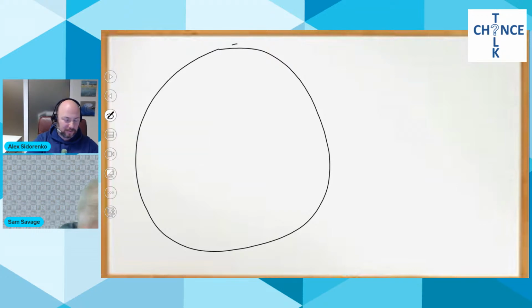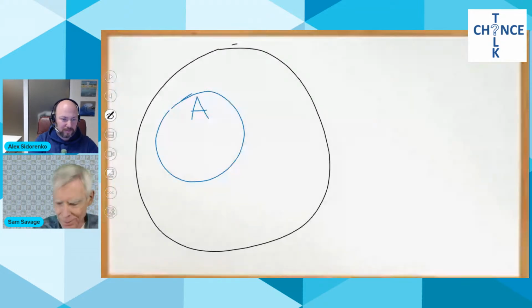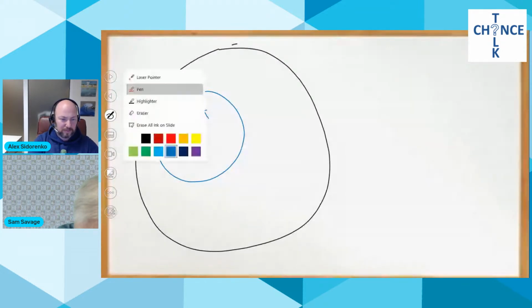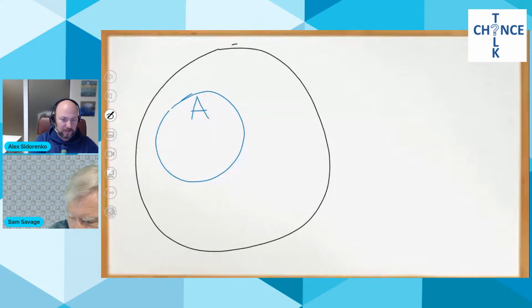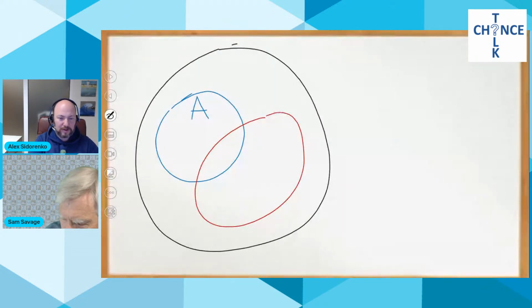So here's a blue region that I'm calling A. And here's a red region I'm calling B. And Bayesian analysis is about the following thing, and it's all it's about.